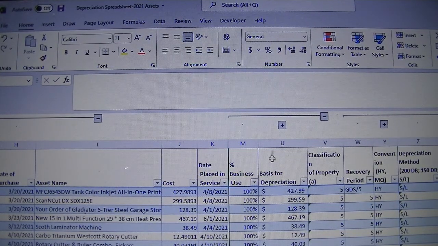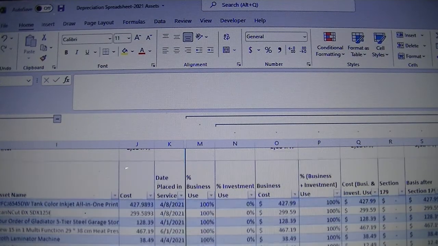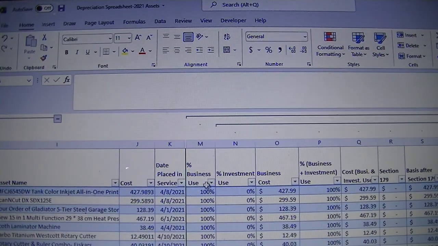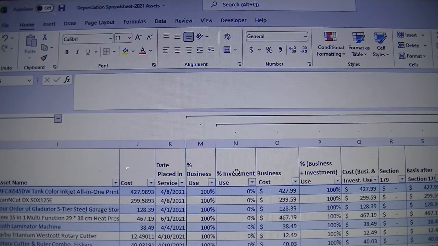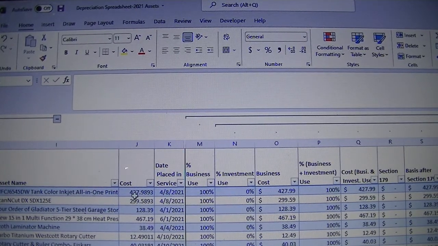So therefore the basis, the business use 100%, that means the percentage you use it for investment will be 0. Therefore the business cost will be equal to the cost of the item.